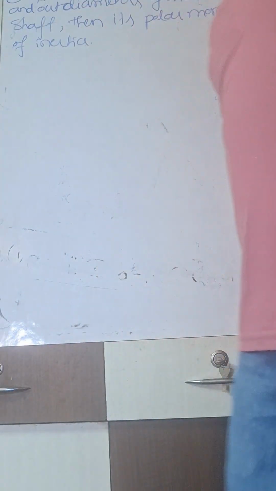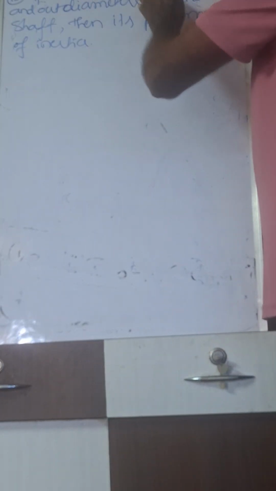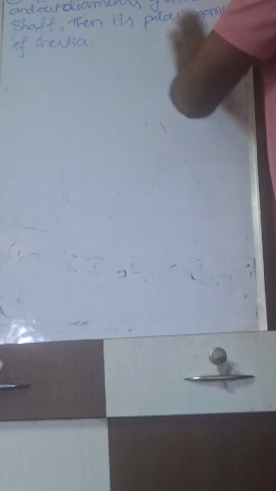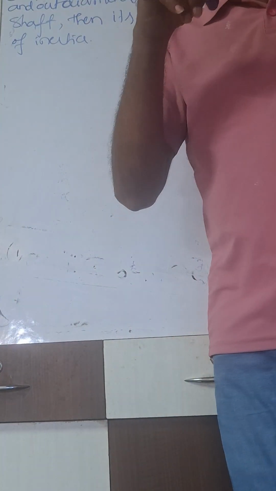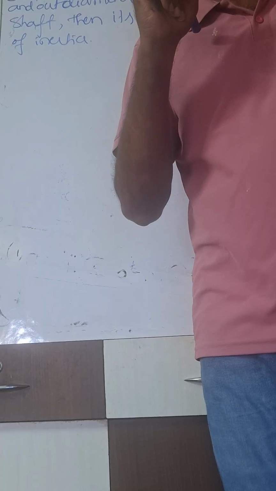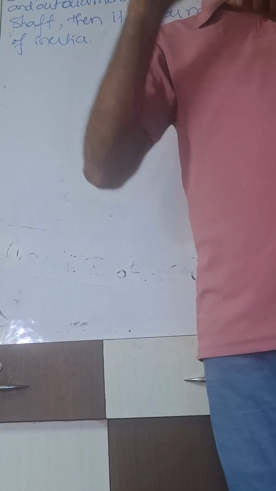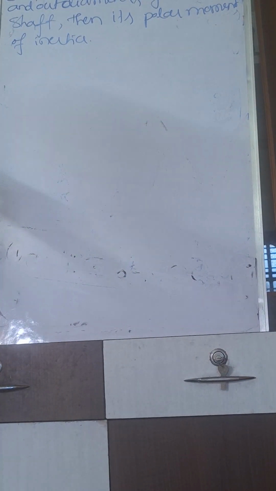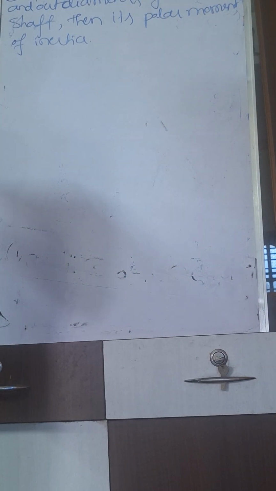Just look at the question. If di and do are the inner diameter and outer diameter of a hollow shaft, then what is the polar moment of inertia? You have a hollow cylinder. What is the formula for a hollow cylinder? Let me write the polar moment of inertia.